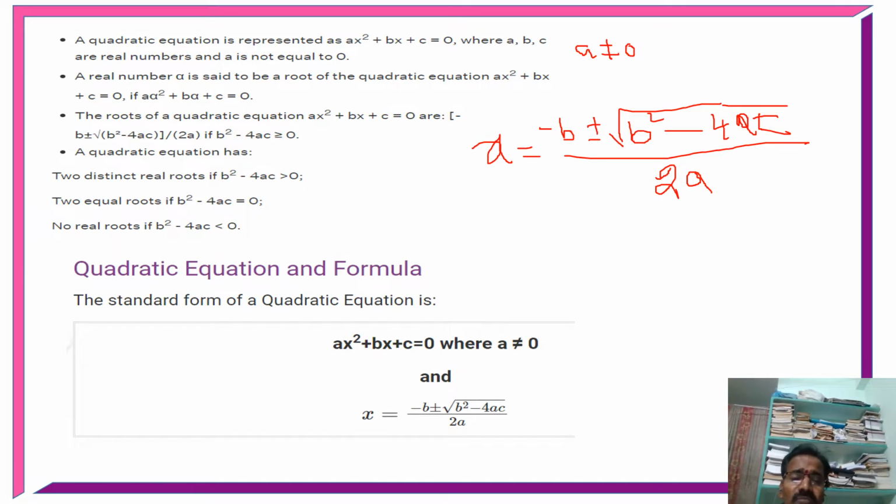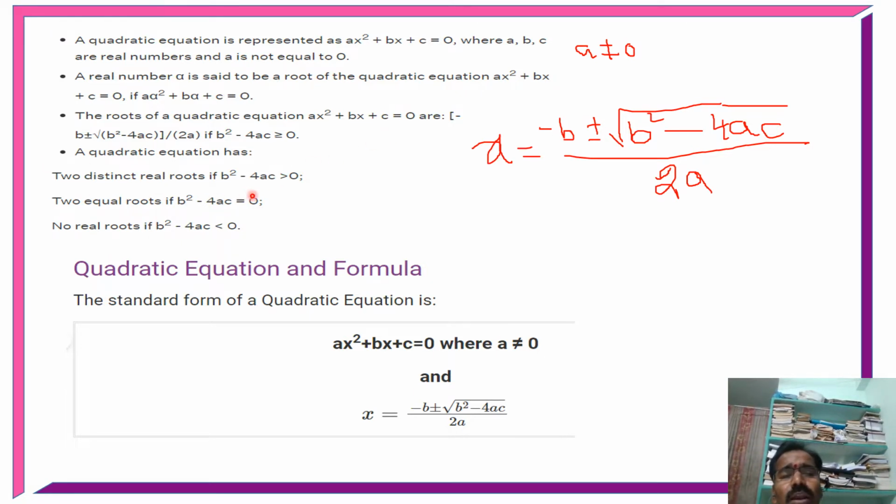As we know, if b square minus 4ac is less than 0, roots are imaginary or not real numbers. You don't learn that in this standard, students. In higher classes you learn. So when b square minus 4ac is greater than or equal to 0, meaning when real roots exist, then only we will find them. Imaginary roots are also possible, but that is in class 11 and 12. Let me discuss only real numbers.